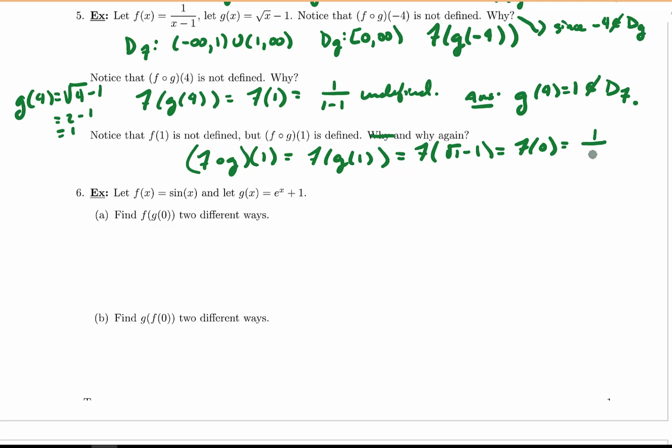And f of 0 is perfectly well defined. It would be 0 minus 1, and we get negative 1. So even though 1 isn't in the domain of f, 1, when we first plug it into g, gets mapped to 0, and 0 is in the domain of f.